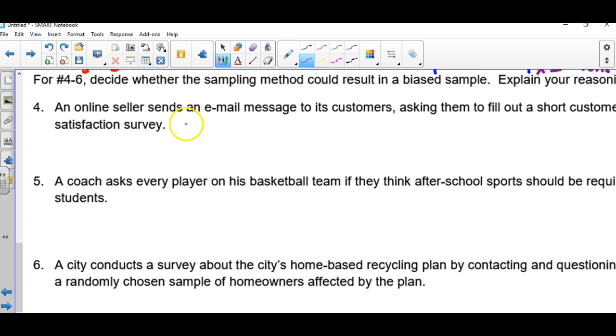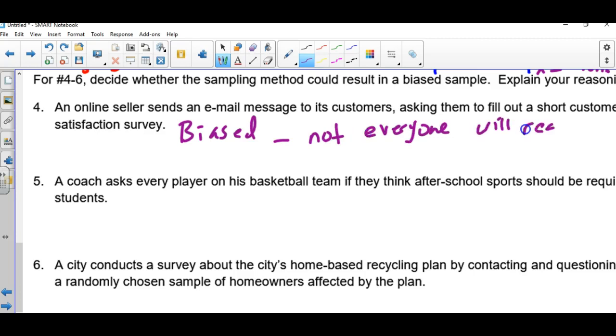Well, in this first case, guys, I'm going to say that it is biased. The reason I'm saying it's biased is because although it is their customers, the problem is not everyone will read their emails.